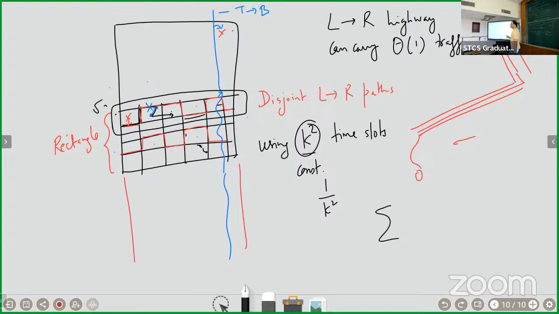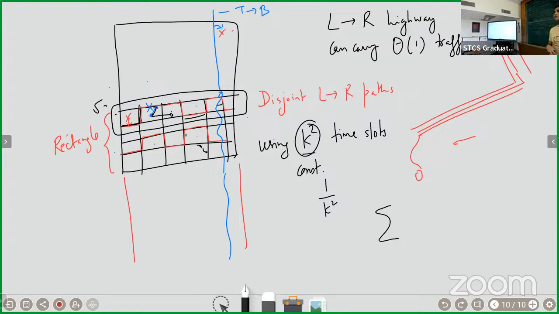So three steps. First, you look at the square grid coming out of your unit square, making sure that there is sufficient probability with which each edge is open, and there are sufficiently many left-right crossings and top-bottom crossings. They will serve as my highways. The critical step also shows that on each highway you can manage an order 1 throughput.